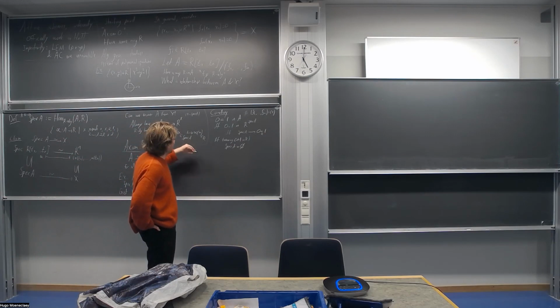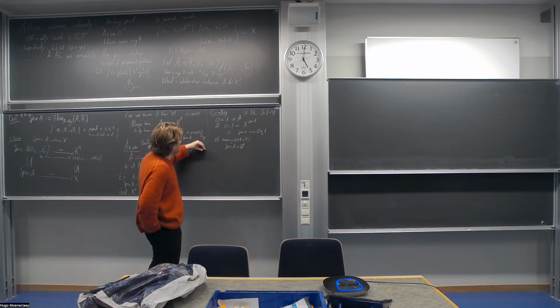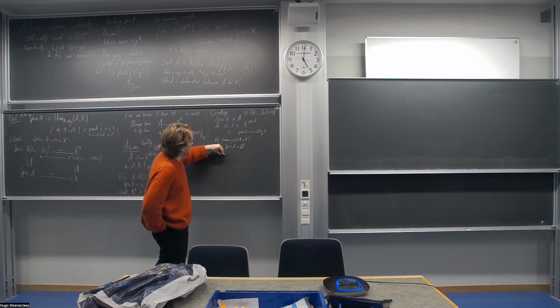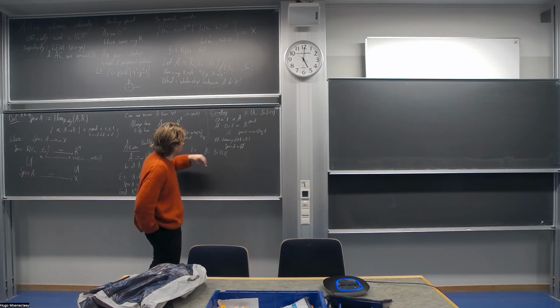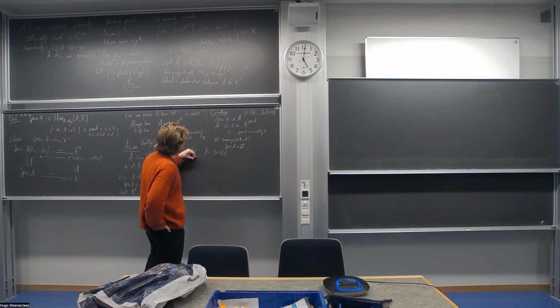So we'll give a couple of examples of this. If I just have one polynomial f in one variable that's not constant, then you can show that the ideal doesn't generate one, assuming R is non-trivial.